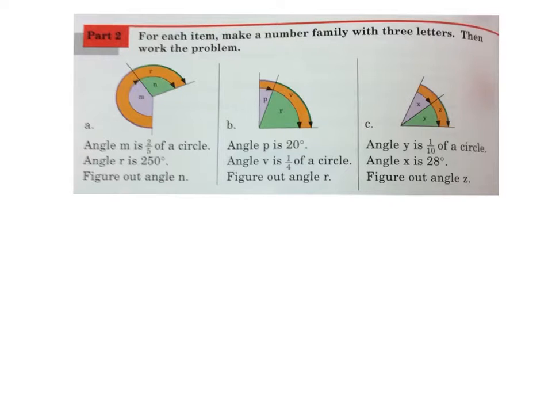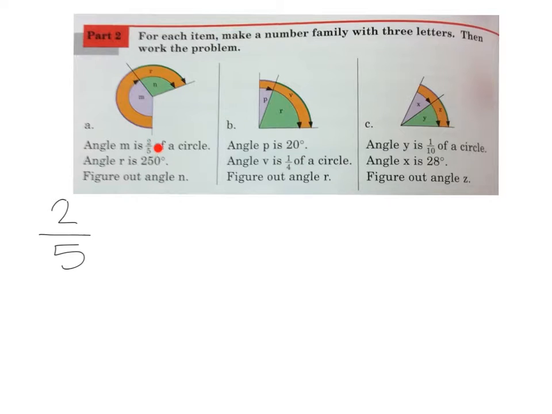So before we can start, we have to solve to even figure out what number of degrees 2/5 of a circle is. So in order to figure that out, if they tell us that it's 2/5 of a circle, I know that I'm going to use the number 2/5.